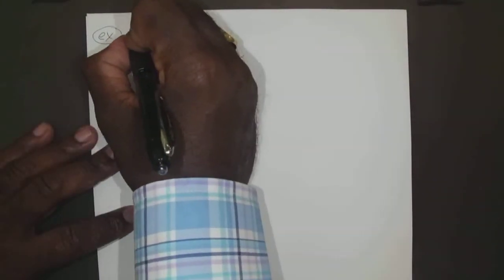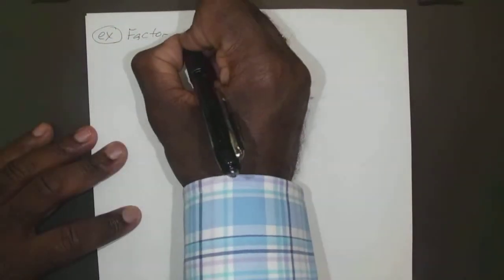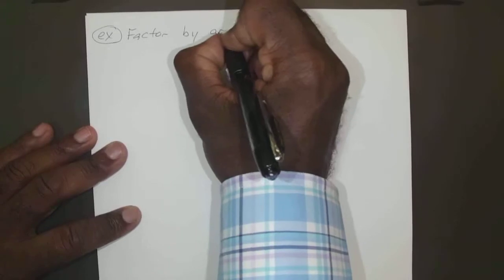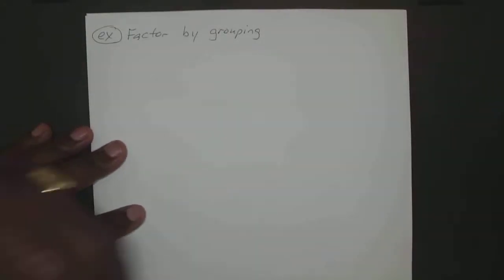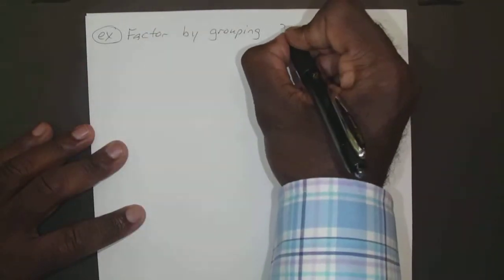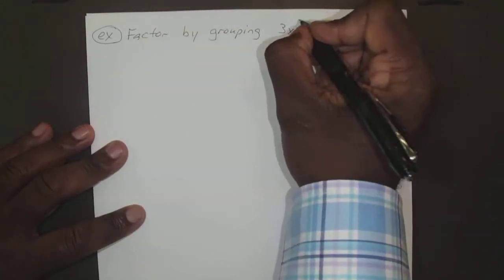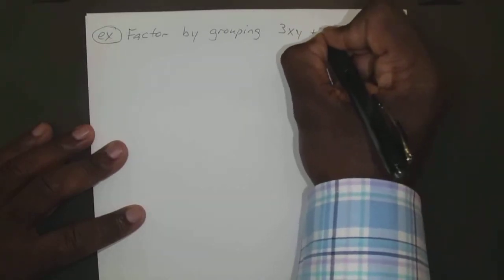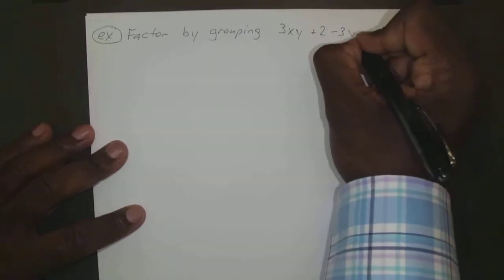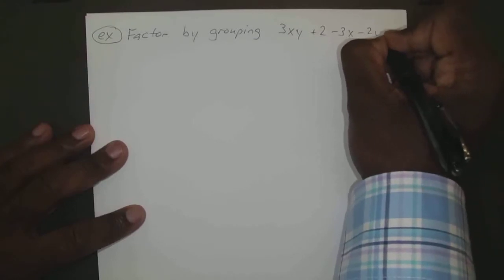Okay, so let's say we wanted to factor by grouping. Let me pick a good one here. Say 3xy plus 2 minus 3x minus 2y.